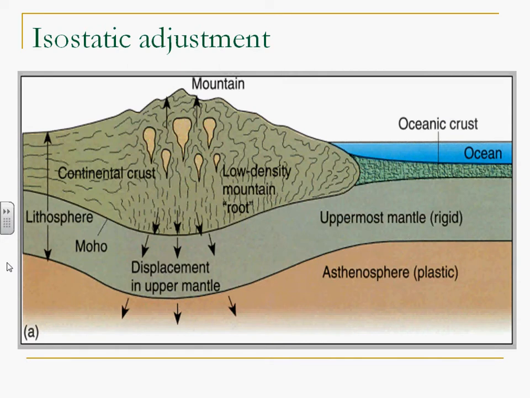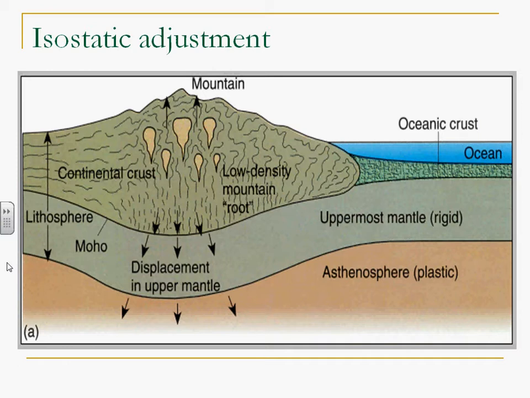In this particular image, we have the crust of the continent and the crust of the ocean, and what we have is a displacement of the mantle. We are looking at a displacement of our crust because we have this mountain here.